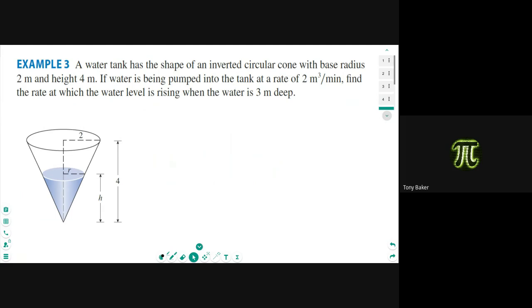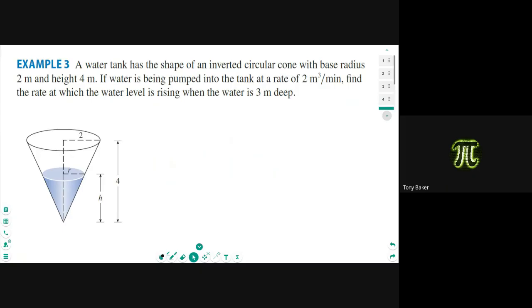So when you're looking at this, some of the information that's really important is, first of all, making sure it's a cone. Second of all, understanding where the water is in the cone, and how that water is changing.